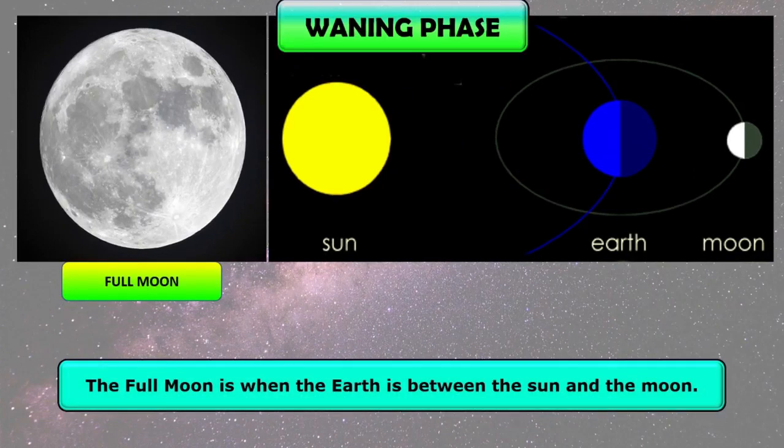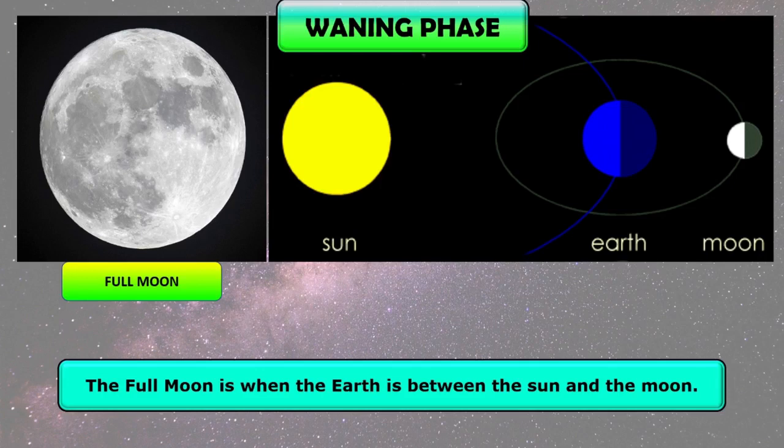The moon rises when the sun sets and we can easily observe the full moon. The full moon is when the earth is between the sun and the moon.